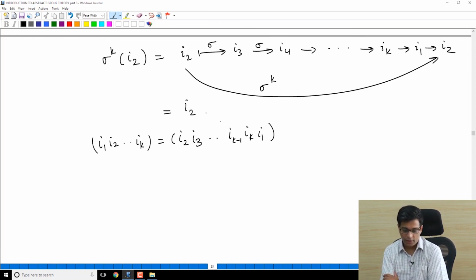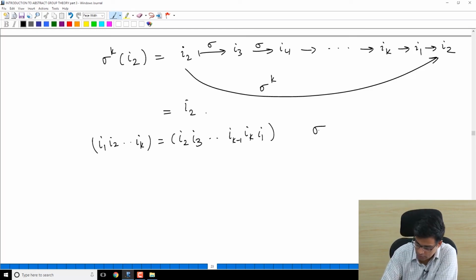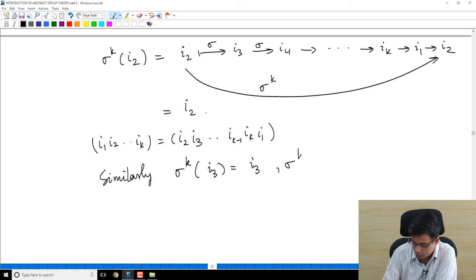So I2 after applying k times we get to I2 again. So similarly sigma k of I3 is I3, sigma k of I4 is I4, and so on. Finally sigma k of Ik is Ik.